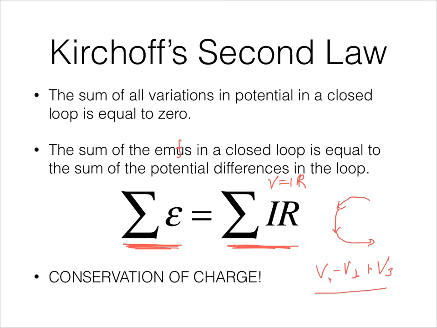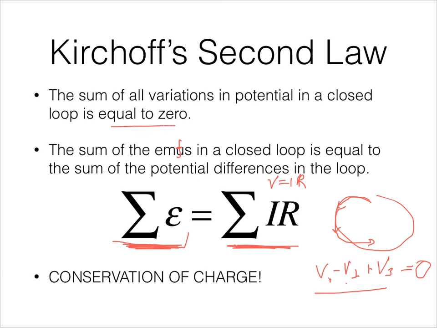The reason I like this is because with the summations, you have to have all your gains first on the left-hand side, and then you've got to have all your losses on the right-hand side. What this does is it just allows you to go through the loop, write down one right after the other, go through the process, figure it out, and then at the end, the summation of all that should equal 0.